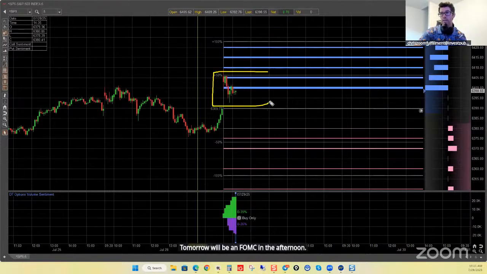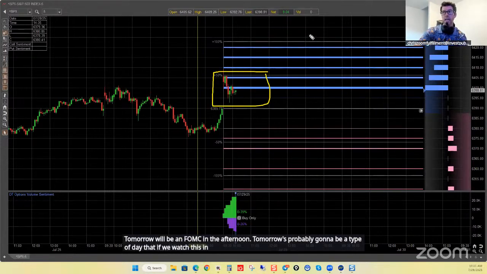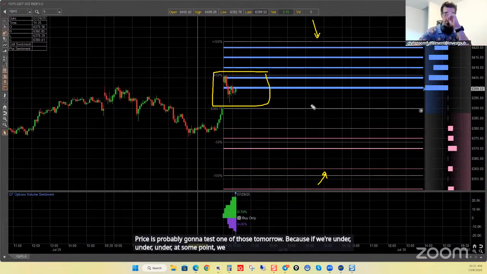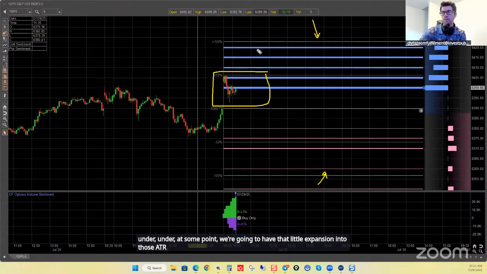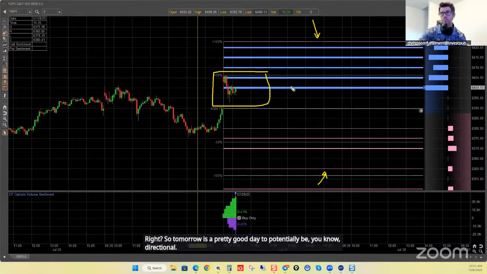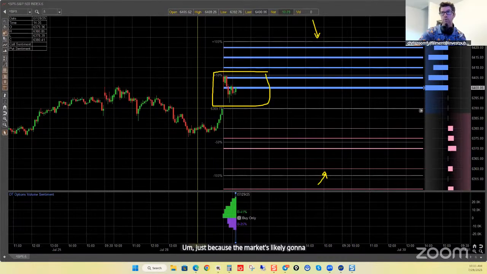If we watch this in the morning and you want to have some fun, note your 100% levels, because price is probably going to test one of those tomorrow. If we're under, at some point we're going to have that little expansion into those ATR levels, right? So tomorrow is a pretty good day to potentially be directional, just because the market's likely going to have some type of push higher or lower.